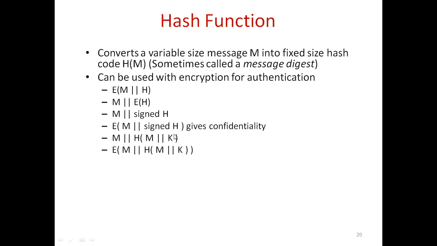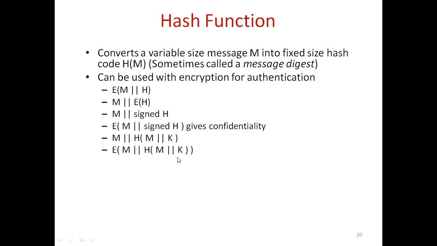Here two concatenations are there. These are all different variations in applying the hash function. Then there is also a message concatenated with the hash function applied on the message concatenated with the key K. First concatenate the message with the secret key K, then apply the hash function.